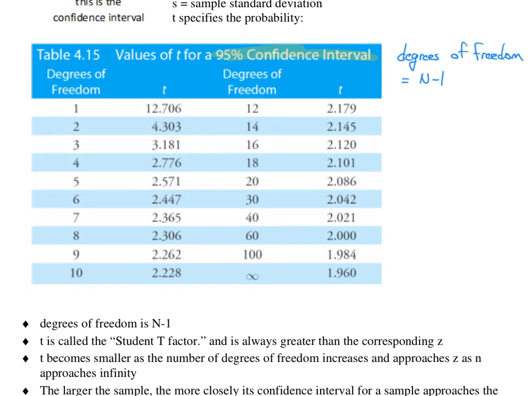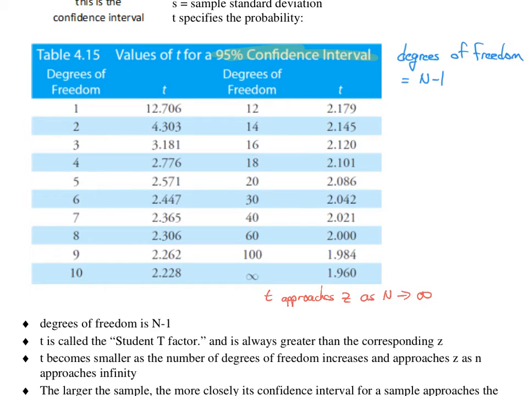We should take note of the trend that as the degrees of freedom increase, as the number of trials increases, our values of t are getting smaller and smaller, and eventually at an infinite number of degrees of freedom, t approaches z.